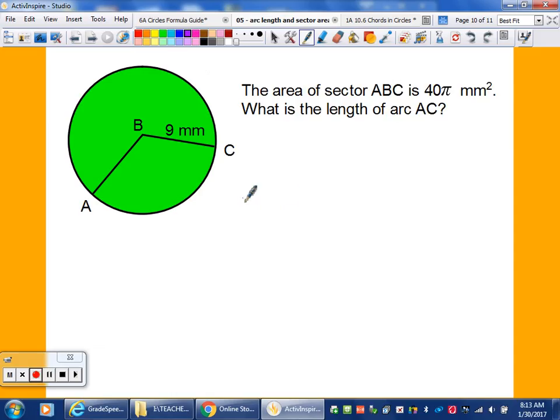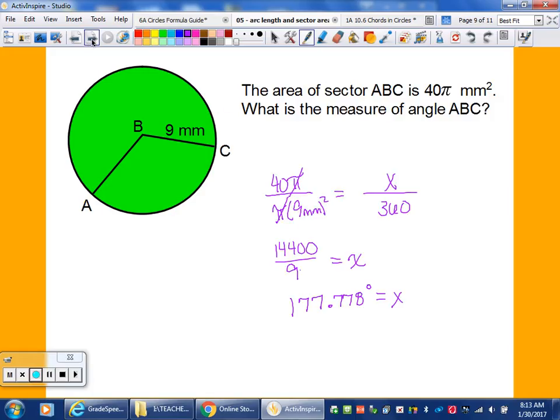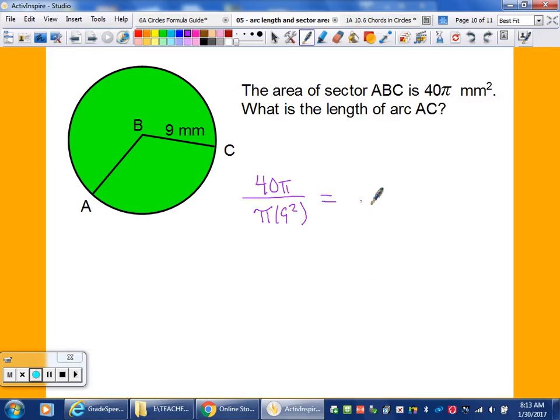There's another one. The area of the sector is 40 pi. And that would be pi times 9 squared. Then 360 and x, right?